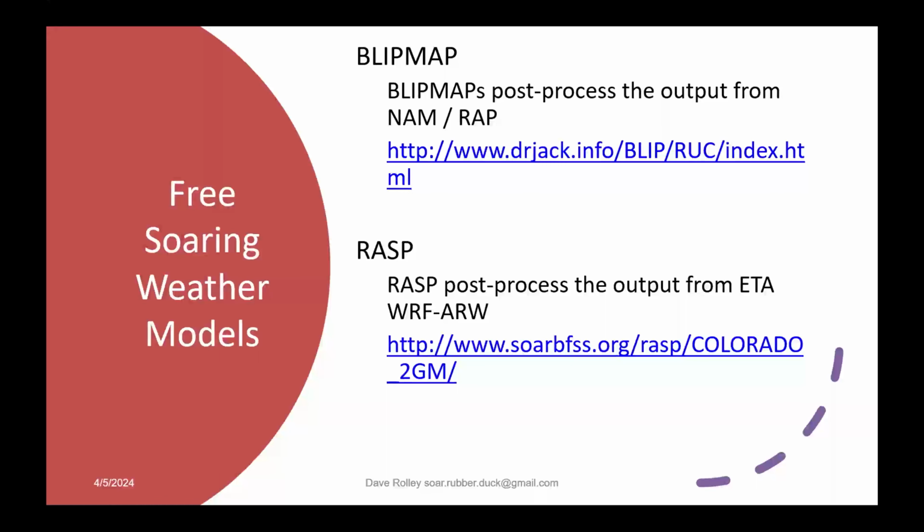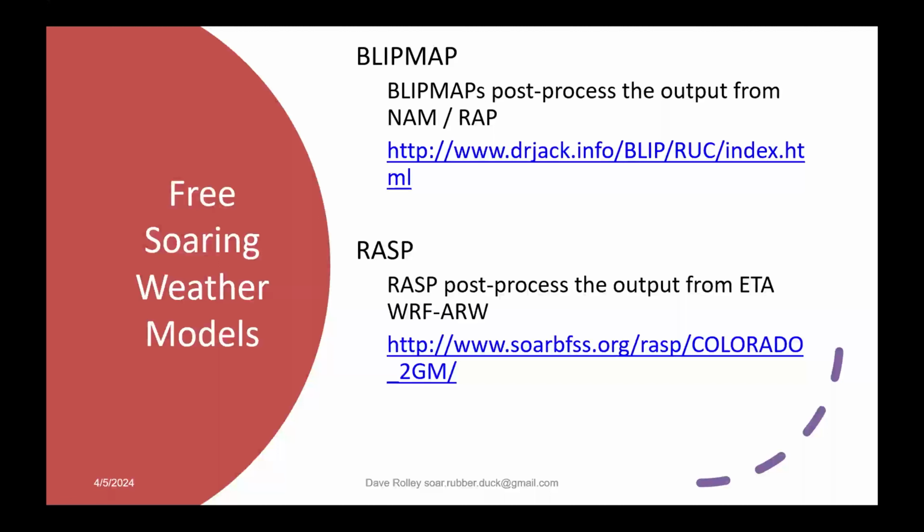When we look at the models, a couple of the free models, now this really isn't exhaustive, but we get BlipMap, which is the early Dr. Jack model, and then that evolved later and created the RASP, which has gone through several iterations. It's a fairly usable model, but these are free.